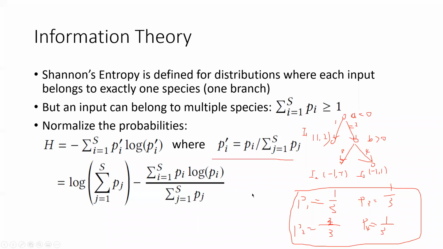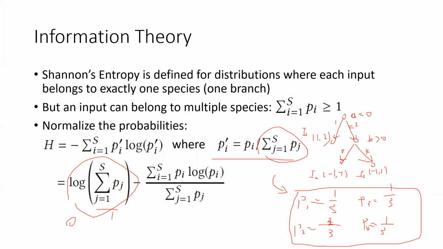Isn't this formula 1, and this item will be 0? Am I correct? Looking at these probabilities, if we sum up all the p_j's, the sum has to be 1.